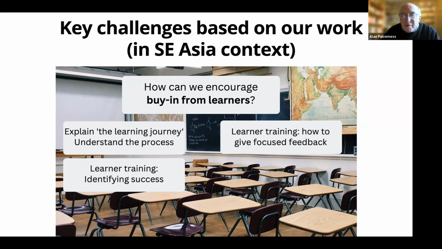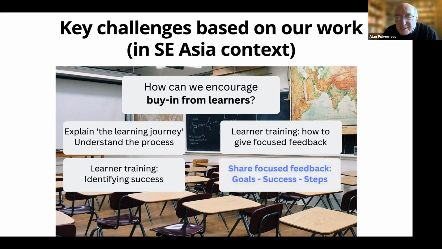So giving focused and constructive feedback is a skill or a set of skills that requires training for learners, that doesn't perhaps come naturally. And sharing that focused feedback in terms of goals, success criteria, and next steps.